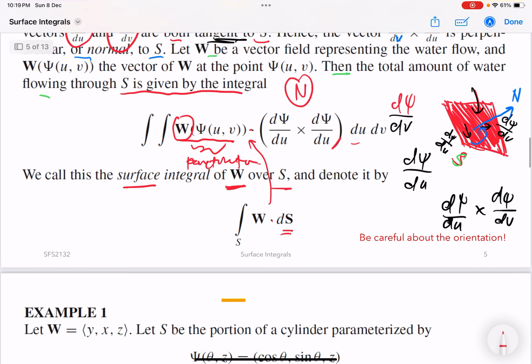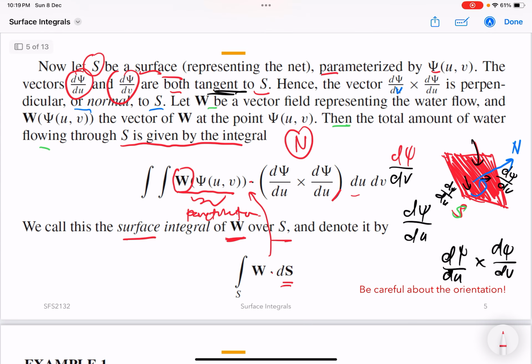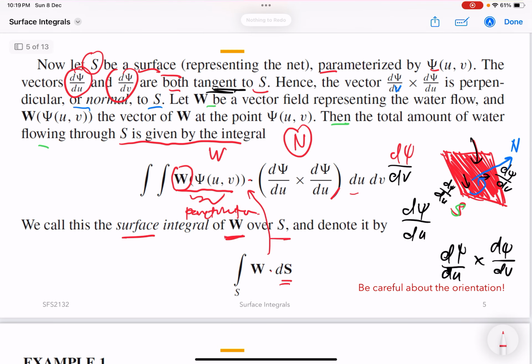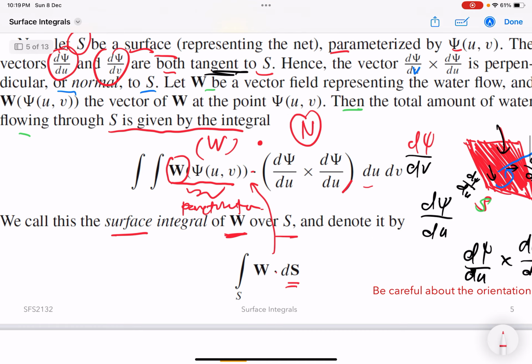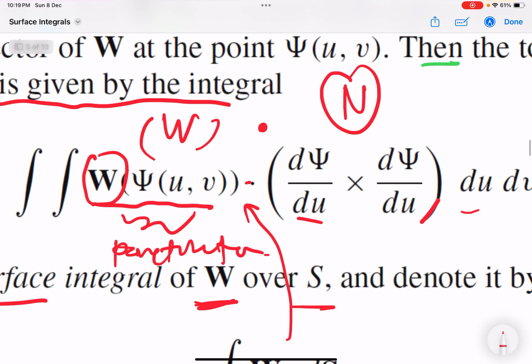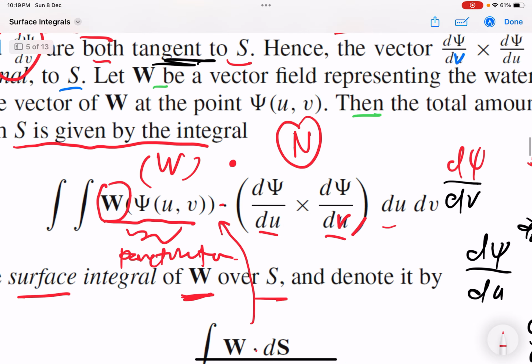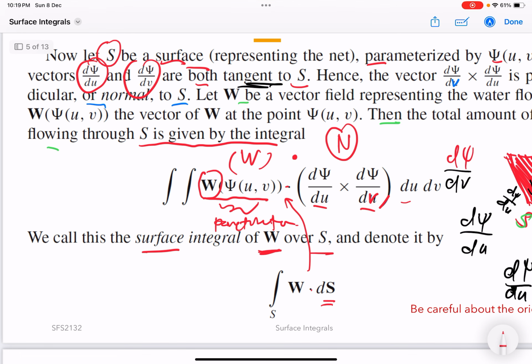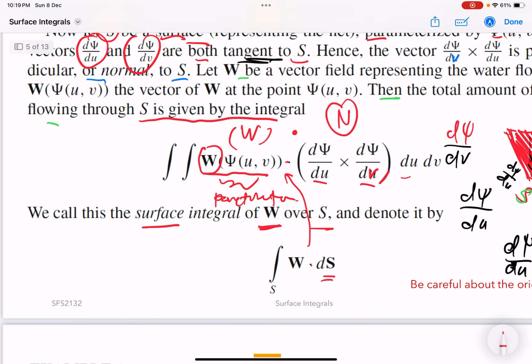So this is the formula: you need a double integral, with the dot product with the normal vector parameterized by du dv. The integral is over S, the whole surface, so the water flow is integrated on the surface of the net.